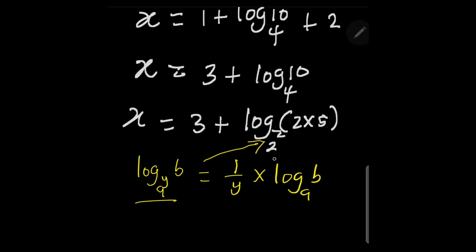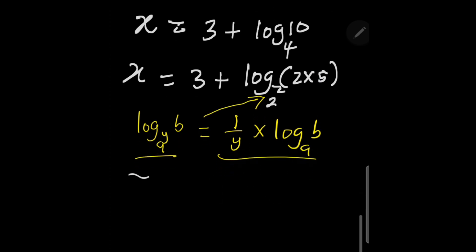As you can see, log to base 2 raised to the power of 2 of 2 multiplied by 5 is in the form of this, where a to the power of y represents 2 to the power of 2 and b represents 2 multiplied by 5. So we're going to transform it into this form. So when we do that, we are going to have x equal to 3 plus, transforming this from this form into this form is going to be what?